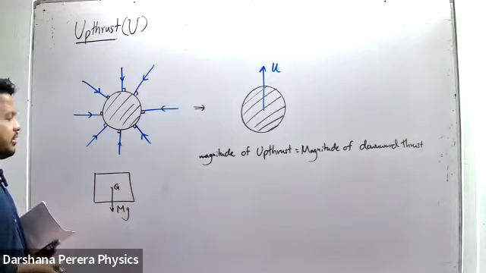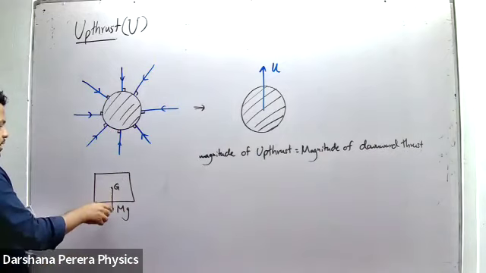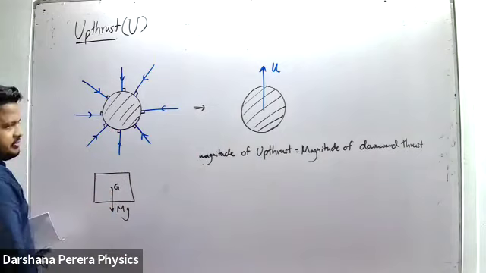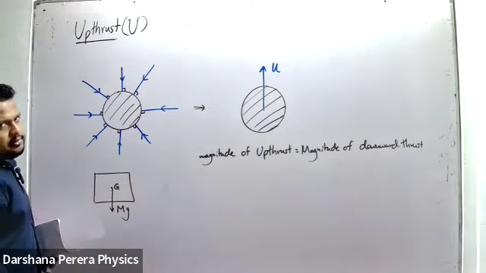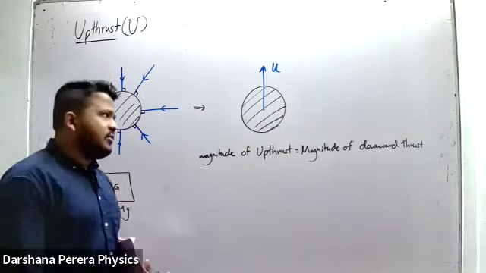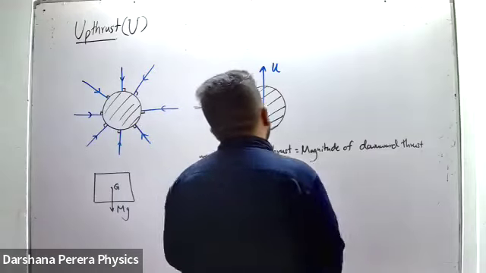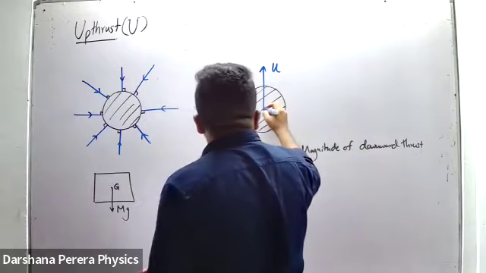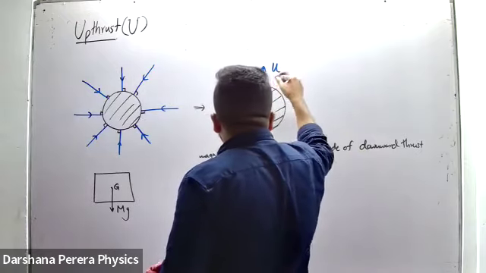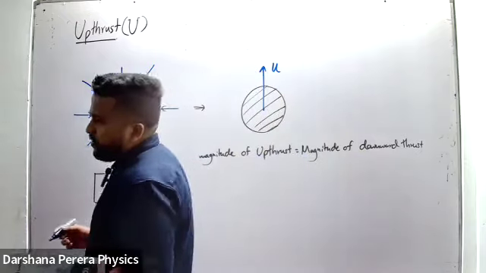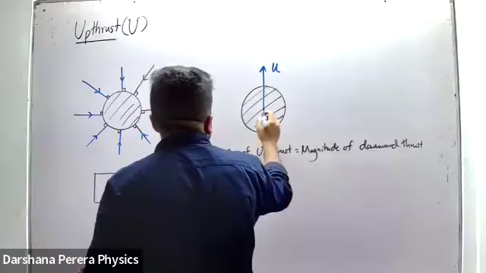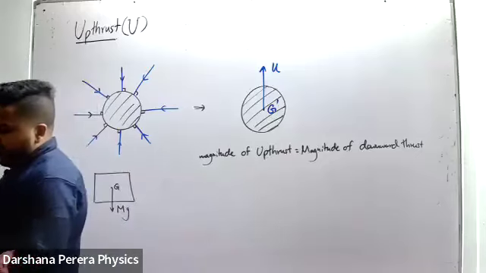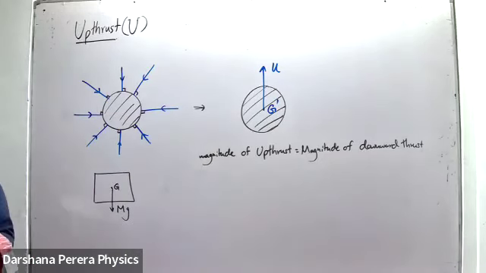Center of gravity means the point of action of the weight, right? Likewise, there is also a point of action when an object is submerged like this. There is a force called upthrust. It also has a point of action, which we call G dash.